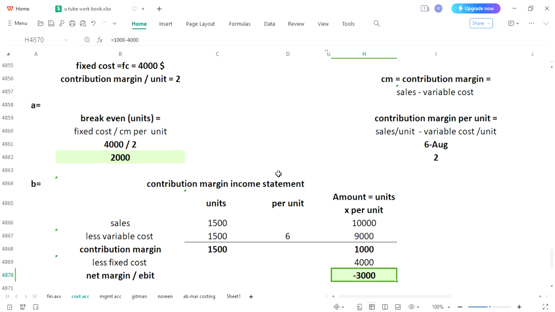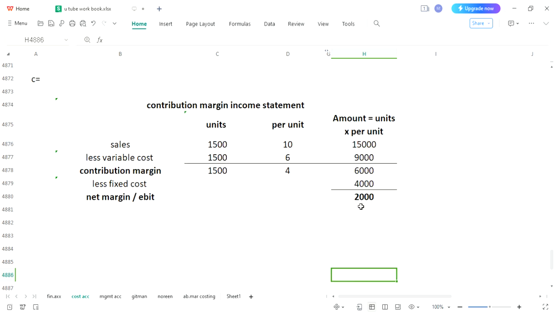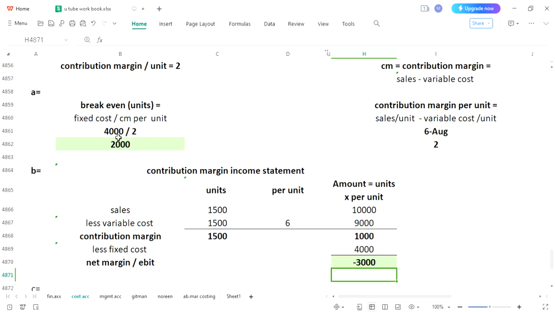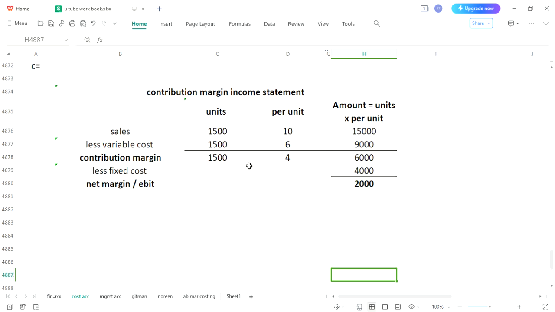Instead of facing a loss of $3,000, now they are getting a profit of $2,000, and it is positive. So it is point C. Let's go back and you can see in C, the third answer is 2000 EBIT, and we have calculated it as well: 2000. It means the answer matches the given answer. C part is also completed.